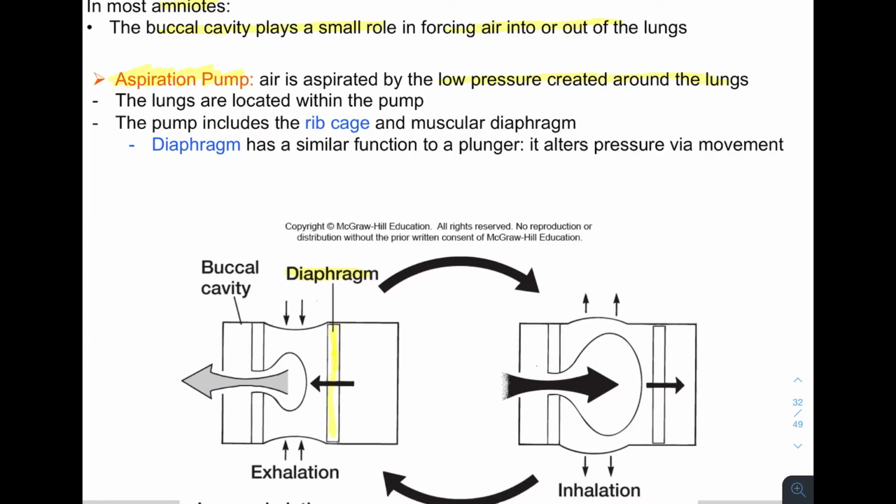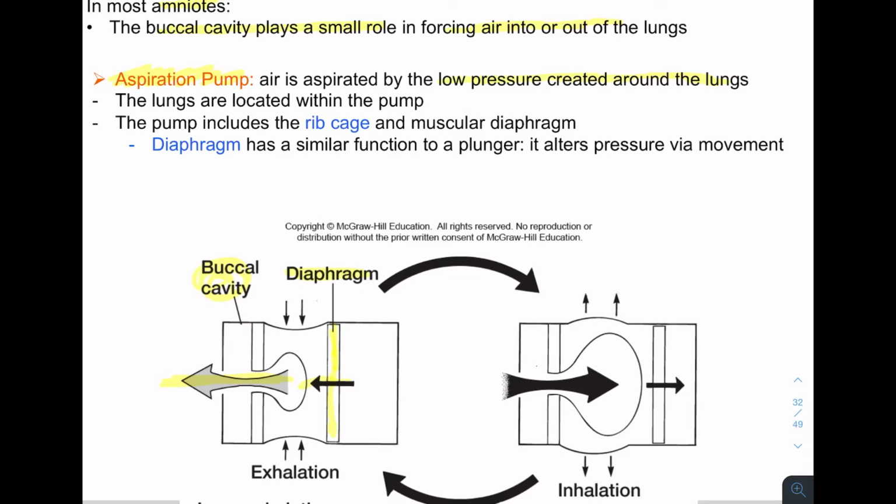that right below the lungs, it can either move upwards, and if it moves upwards, it'll force the air out. And of course, the buccal cavity will be there, but it will not be the major driving force of this aspiration pump.